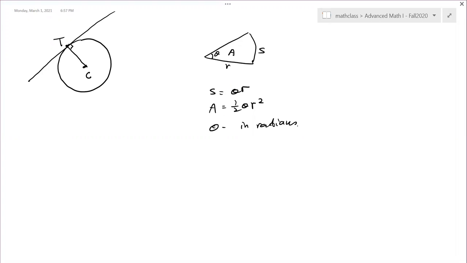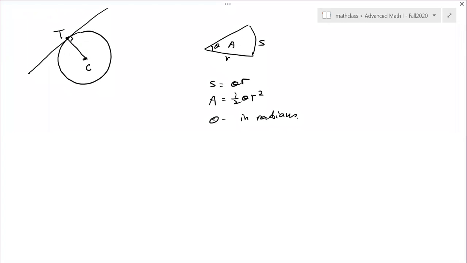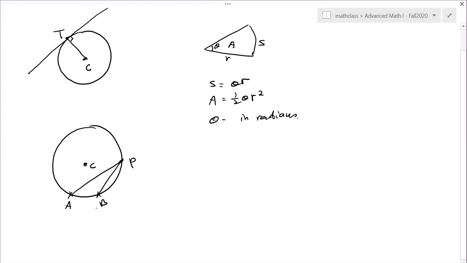Then we need to learn one more property about circles. So this is the center, and take 2 points A and B. We find out, this is point P. We find out if AB is fixed, then when you move P around the circle, the angle will not change.